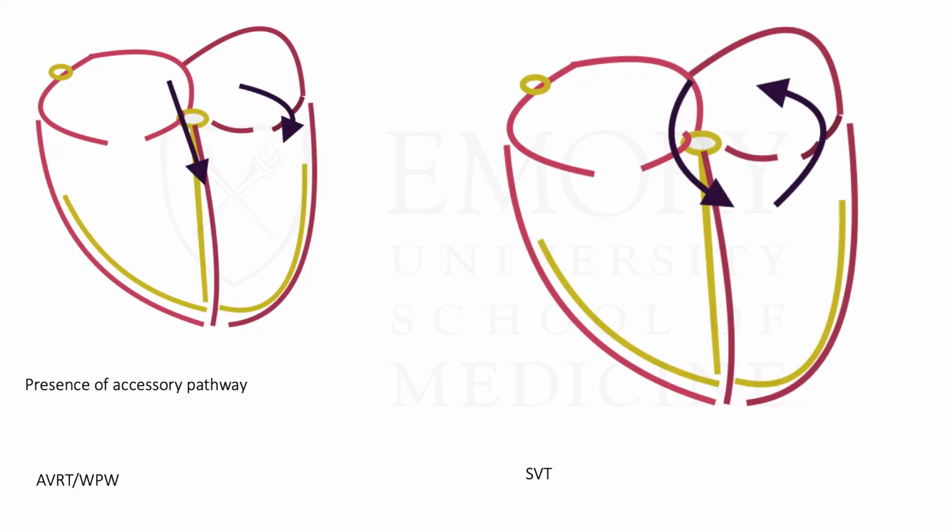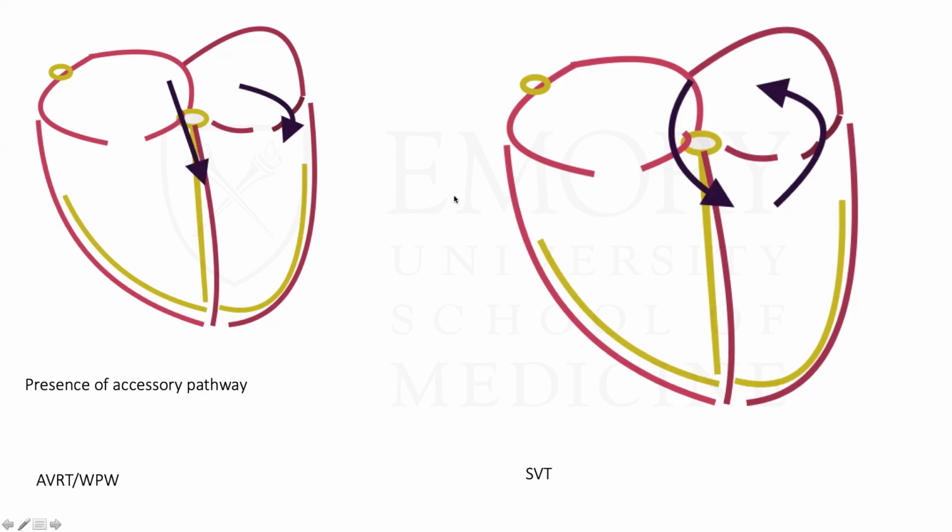When we're in utero, we have a lot of connections in the perivalvular area between the atria and the ventricle, and those should all be gone by the time we're born, and some people are left with an accessory pathway. So the signal from the atrium to the ventricle can go down the normal AV node to His bundle, but can also go via the accessory pathway.